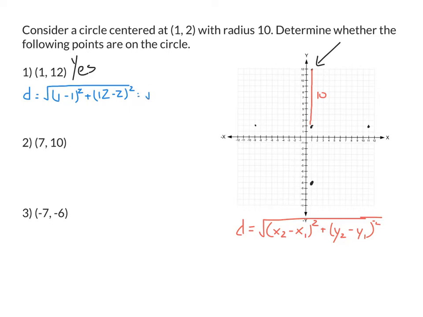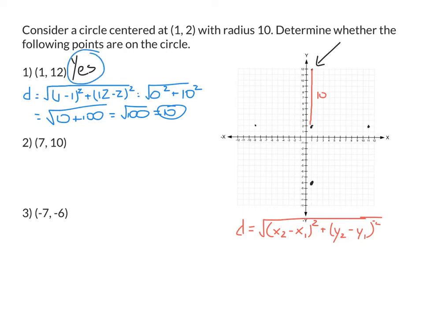So when we start to simplify, 1 minus 1 is 0, 12 minus 2 is 10, 0 squared is 0, 10 squared is 100, so we get the square root of 100 when we add, which results in 10. And you can see that our distance between these 2 points is 10, and that's why our answer is yes. Let's do the same idea for the next 2.